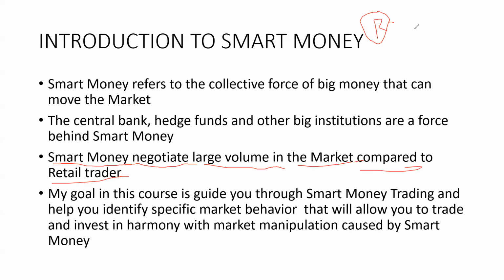Just one central bank, one Federal, up to hundreds of billions of dollars. This is the reason why they have huge force on the market, and they can do whatever they want. All right. So smart money negotiates large volume in the market compared to a retail trader.